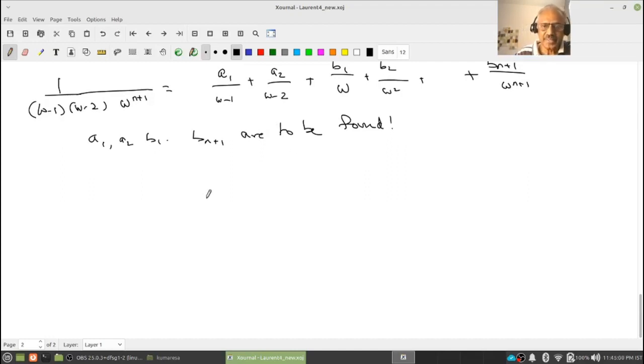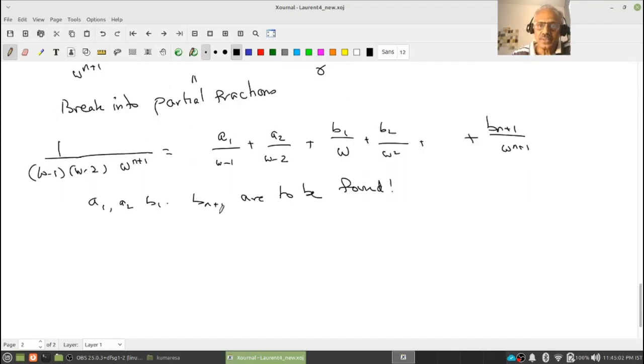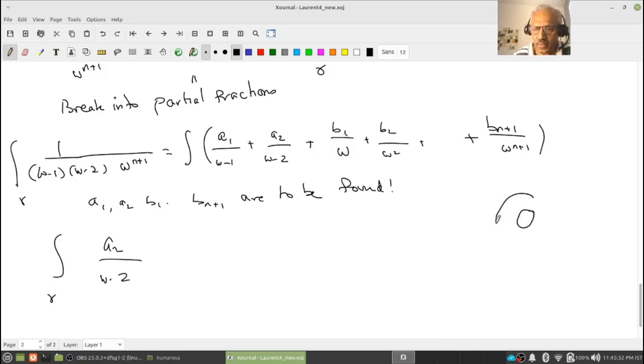Let us do that. Luckily we do not have to worry about a lot of things, because let us look at a2 by (w minus 2). The path integral over this will be linear, therefore we take the path integral over each term. Now notice that for the path integral over gamma, I can take some path to be like this.